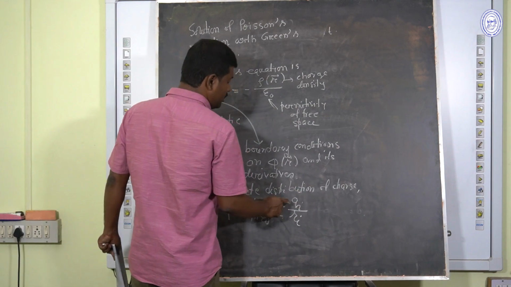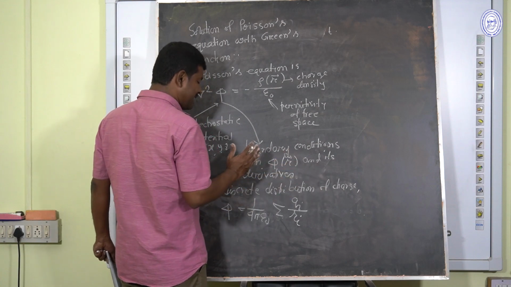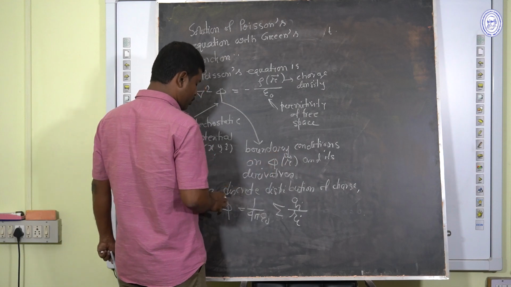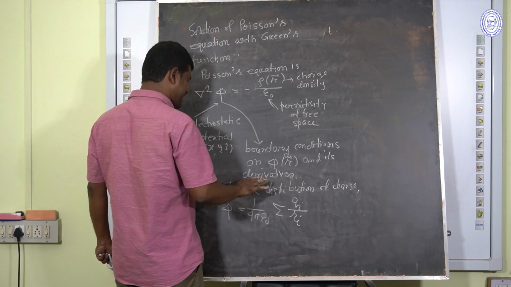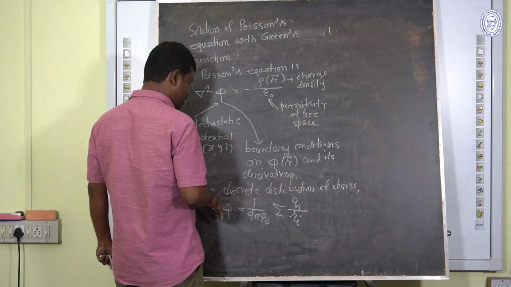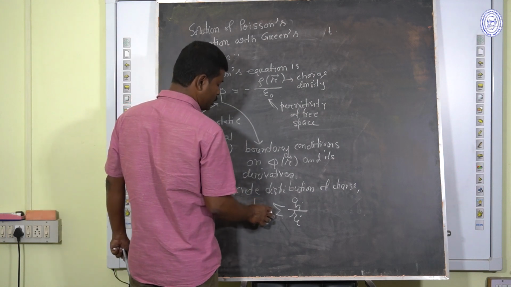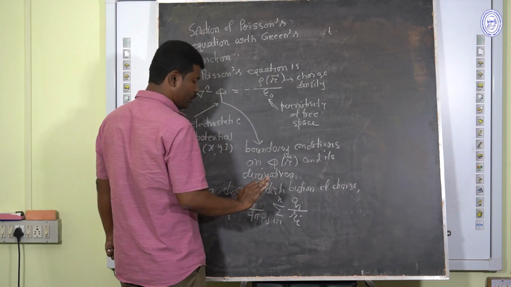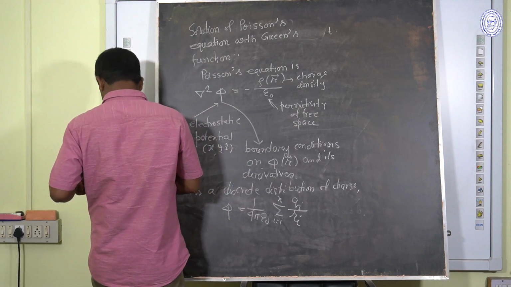Suppose there are Q1, Q2, Q3 charges at positions R1, R2, R3, Ri, and we want to find the potential due to the whole combination of discrete charges at a particular point. Then the potential phi will be equal to 1 by 4 pi epsilon 0 summation over i equal to 1 to n, if there are n charges, of Qi by Ri.